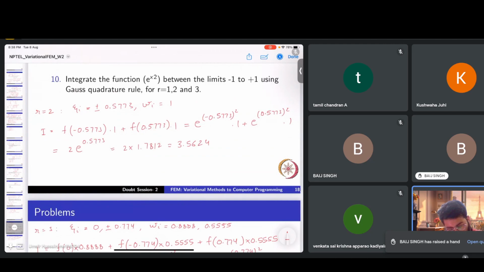I think I forgot one thing in the previous problem. There should be a square. I think the answer was wrong here. Let me check. 0.5773 squared is 0.33327 and the exponential of this is 1.39.